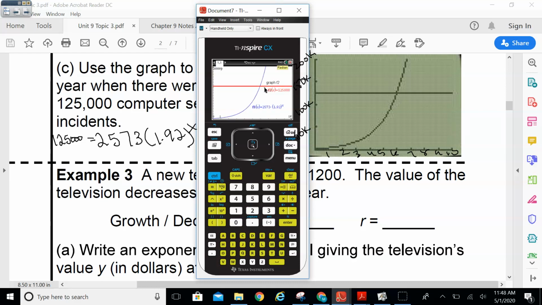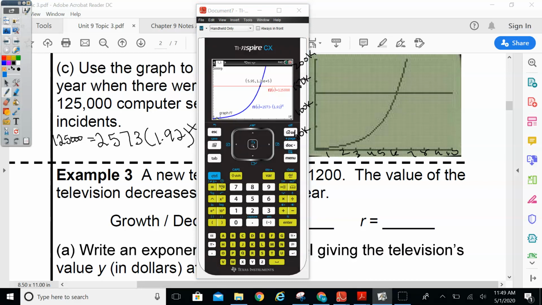So again, in order for us to find that intersection point, we have to go Menu, Analyze, Intersection. So go to the left a little bit, go to the right a little bit, and it says that this is our intersection. So again, you just go a little bit to the left, a little bit to the right, and it's saying that this point is 5.95, and then we really don't care what this decimal is.